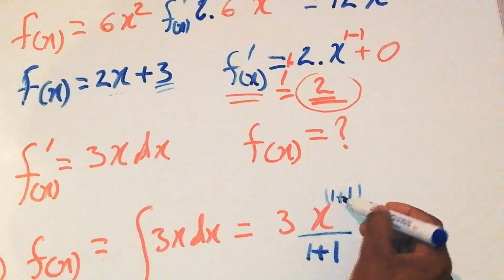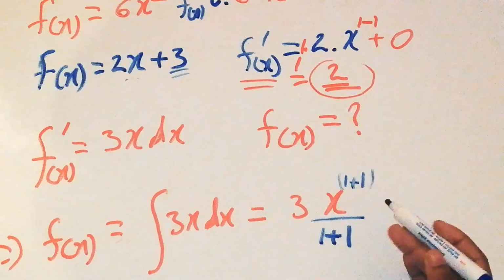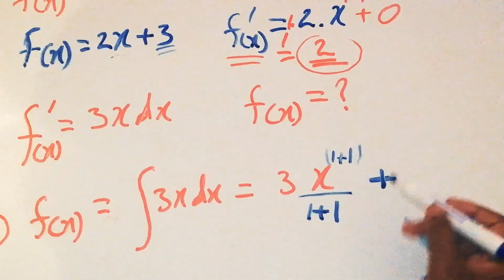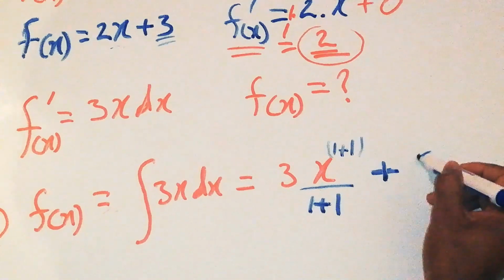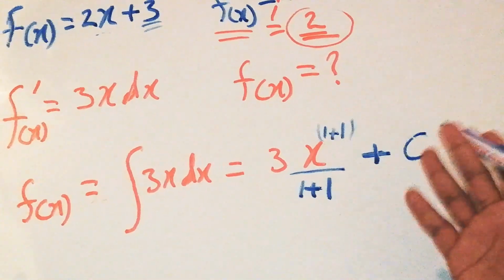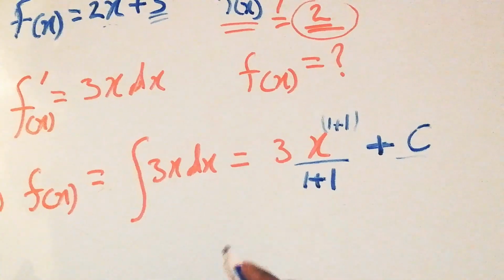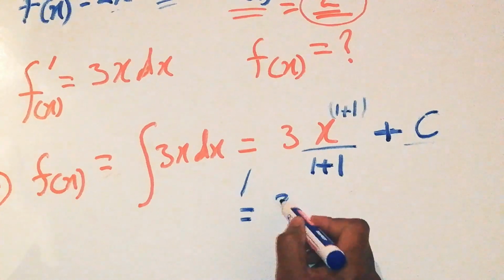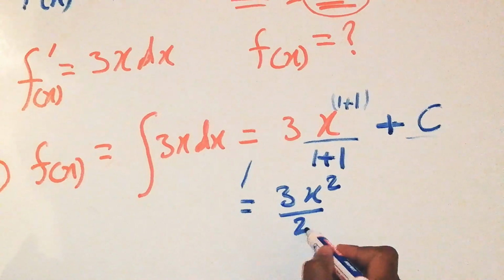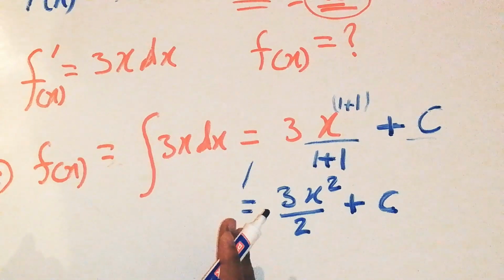Then, since I don't know if there was a constant, I assume there was a constant factor, plus c, which could be 1000, which could be 5, whatever it was, but I put it there. So then those will give me 3x to the exponent 2 over 2 plus c. This is what integration does.